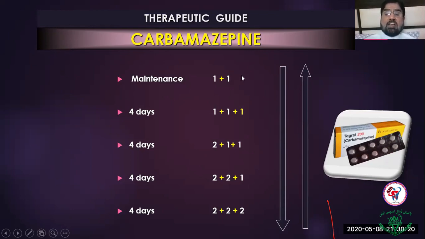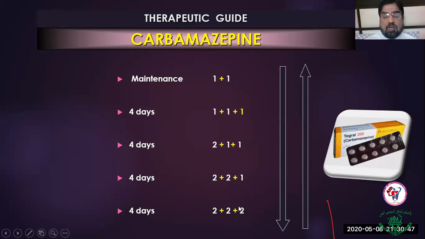The thing is that only this one BD dose, one in the morning, one in the evening, 9 a.m., is the maintenance dose for the whole life. The other doses are meant only for 4 days. That means you are going to maintain the peak up to 16 days.